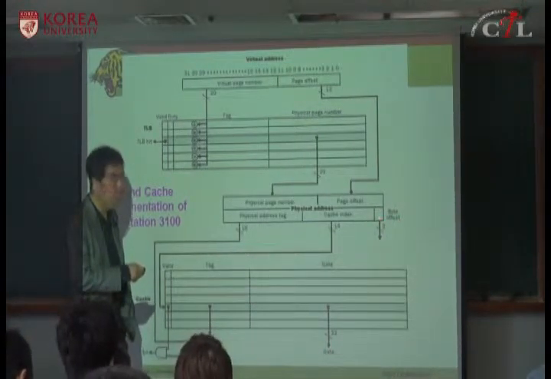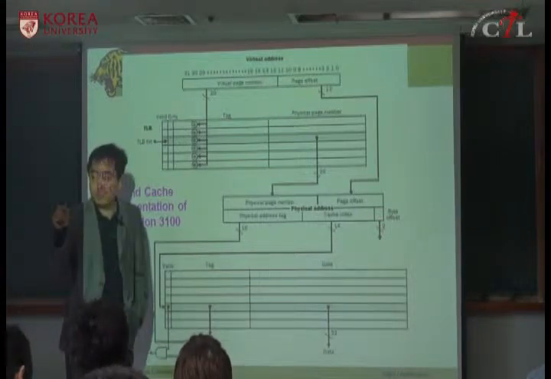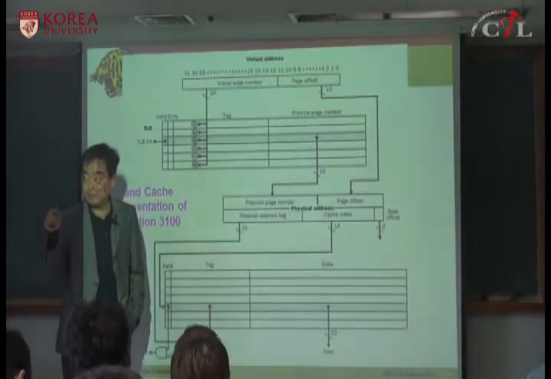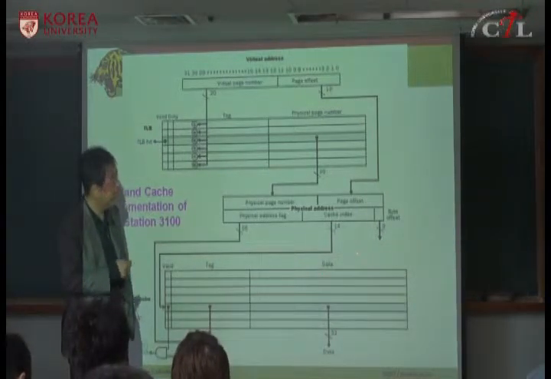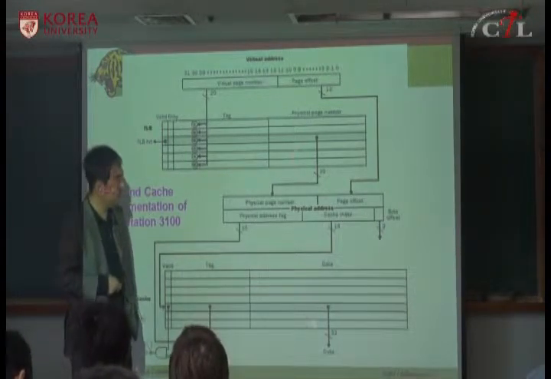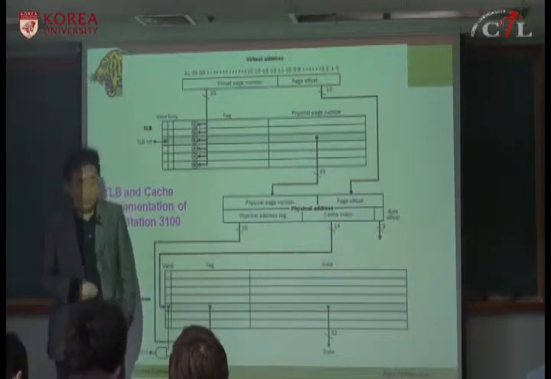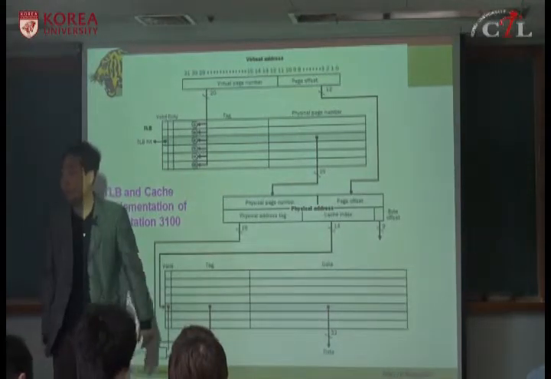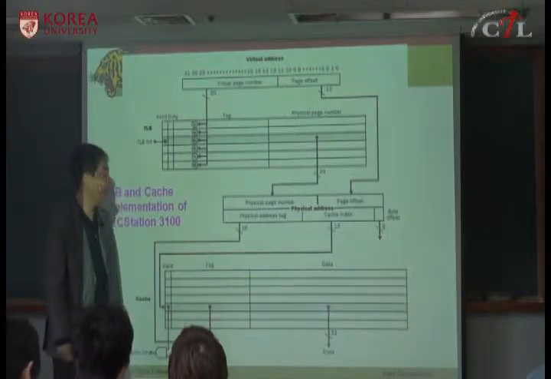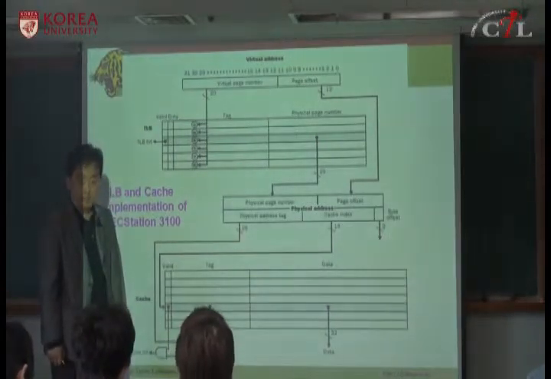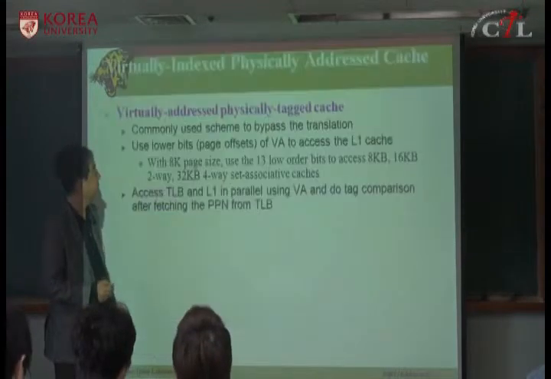Using the byte offset, you select one byte, which is the starting byte. This is a 32-bit processor, so if you ask for 32-bit data, you send the entire 4-byte block to the processor. Okay?